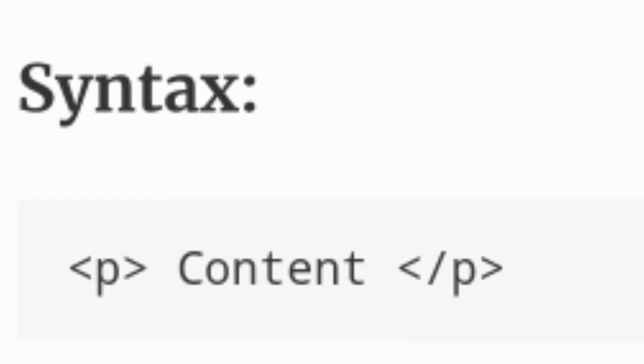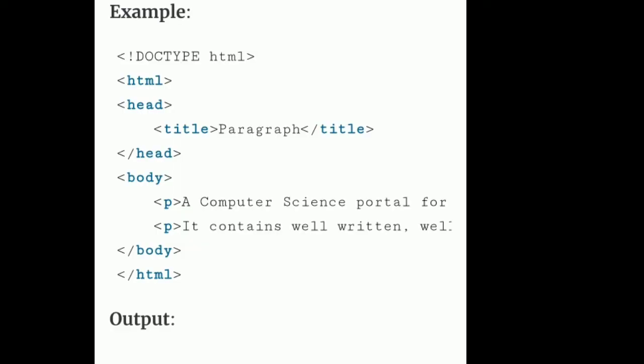This paragraph has multiple lines, but HTML reduces them to a single line, omitting the carriage returns we have used. Closing paragraph, that is a \p.